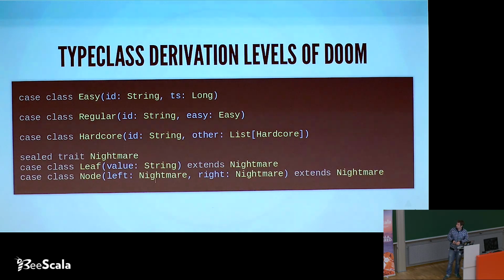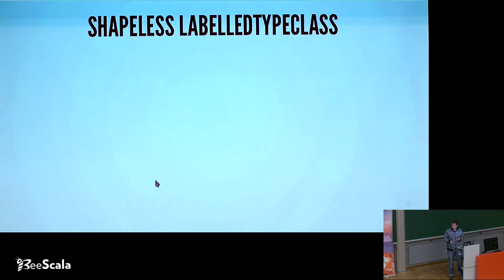And then you have the ADTs, and when you need to derive a type class for the nightmare thing, or just the random combinations of all of these four. For me, when I tried to do it, I was not really comfortable writing shapeless code, but surprisingly, I found an interesting thing, a kind of a helper thing.